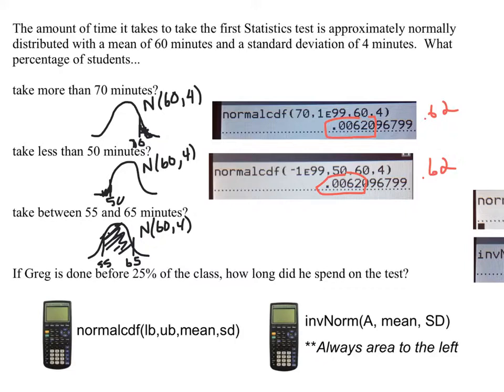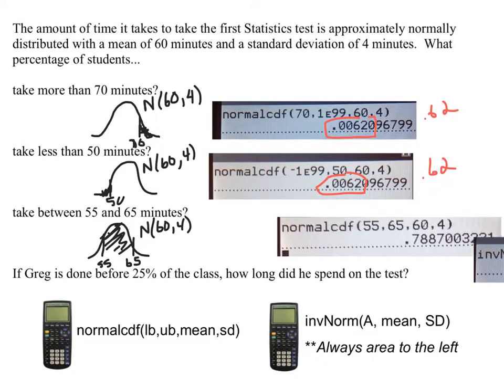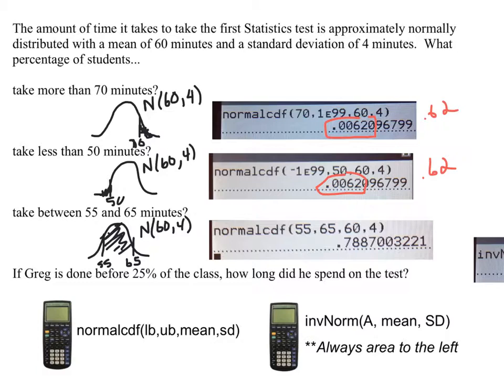So those are going to be your lower and upper bound. 78.87%. Finally, if Greg is done before 25% of the class, how long did Greg take?